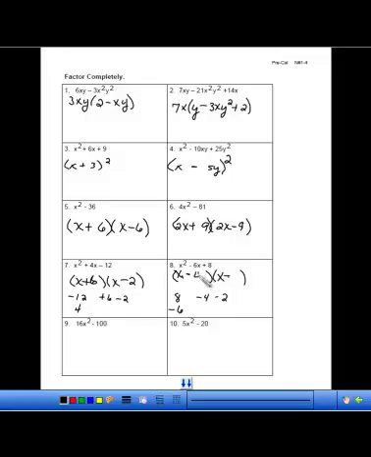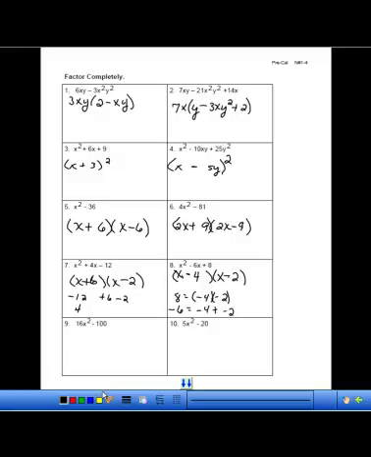So my factors are x minus 4 times x minus 2. And if you want to show this in your notes where it's more clear what I'm doing, this is negative 4 plus negative 2. And you can do that same on number 7 example.